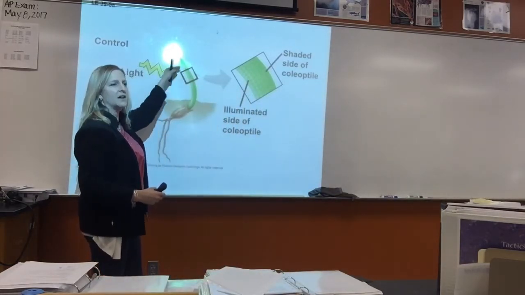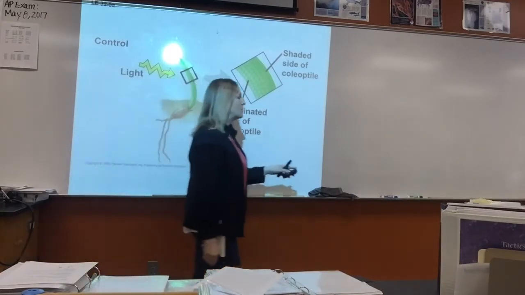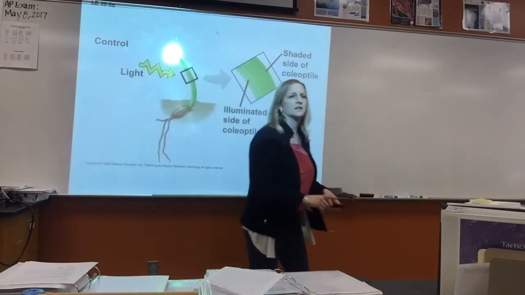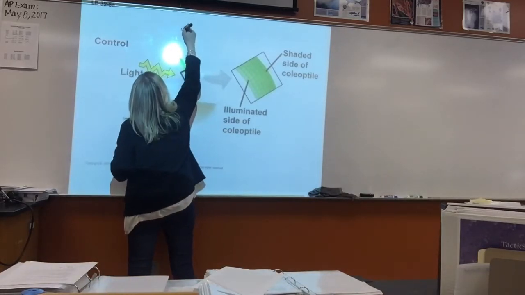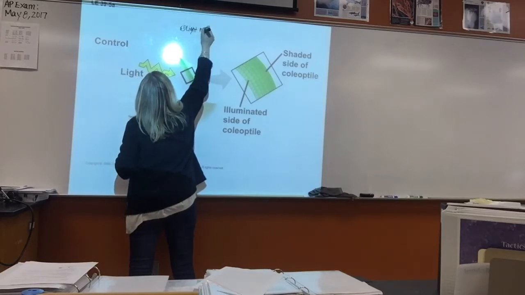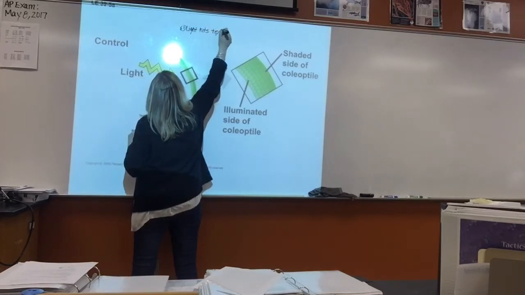What happens? The light hits what part of the plant? What part of the plant is important that it hits? The tip. So I'm going to write some things here. So the light hits tip of plant.